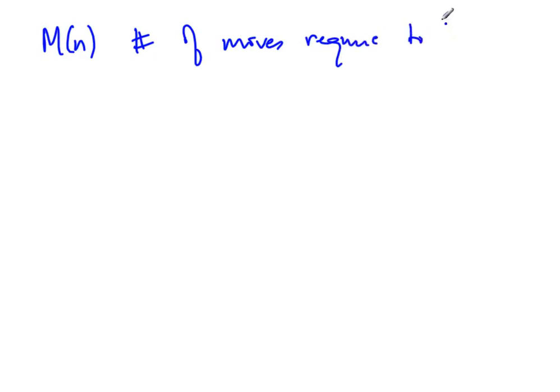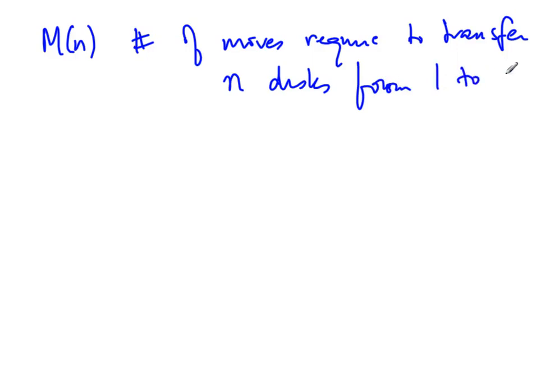Now again we write m of n for the number of moves required to transfer n disks. The basic move is to take one disk from one peg and move it to another peg. So how many times do we need to move disks from one peg to another to transfer n disks from 1 to 3?